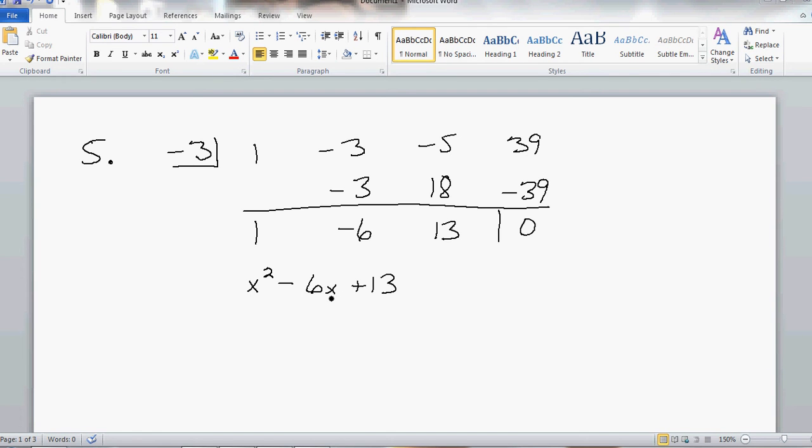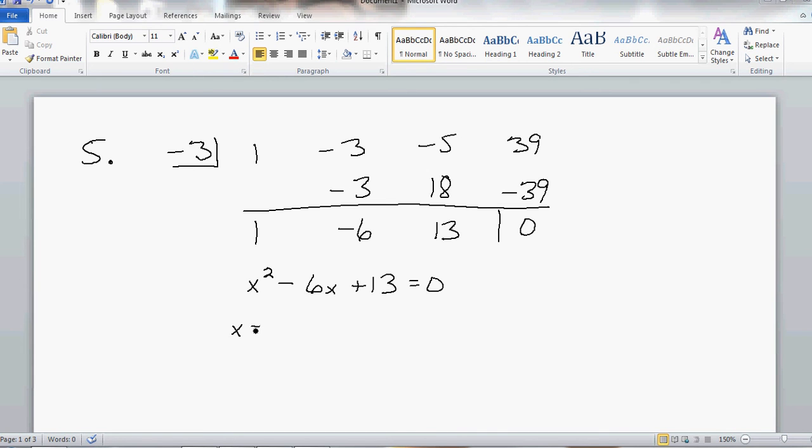And then what we need to look at from this point is, what are the other zeros? Well, we could try and factor this, but trust me, it's not going to work out very nicely. So what I'm going to do is set this equal to 0 and use the quadratic formula to find the remaining answers.